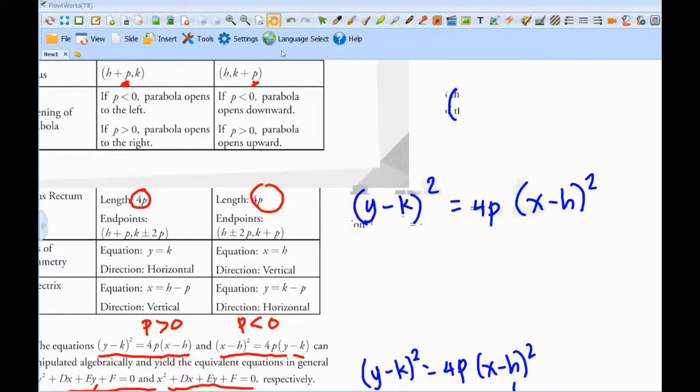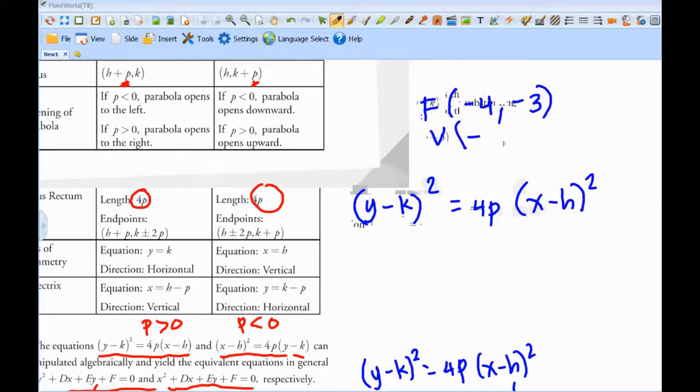So what was our focus? Do you remember the focus? It was at where? Negative 4 and negative 3. That is our focus. What about our vertex?